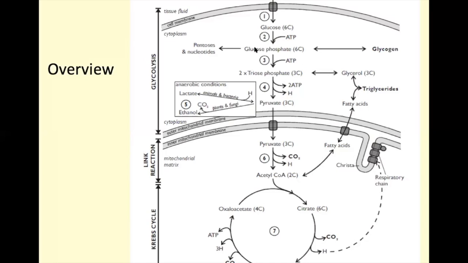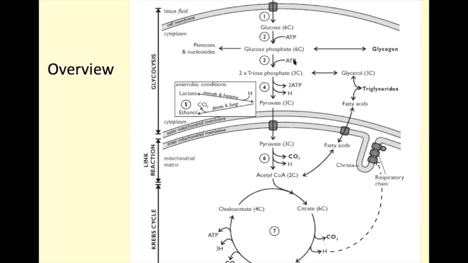So let's see where we're up to. The only thing I would change, they just put H here. I'd put NADH there, to be honest with you. So far in this process, the glucose has come through the cell membrane into the cytoplasm. We've used up an ATP to make glucose phosphate.